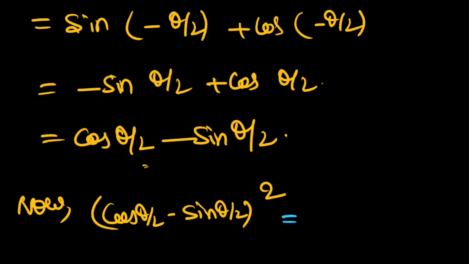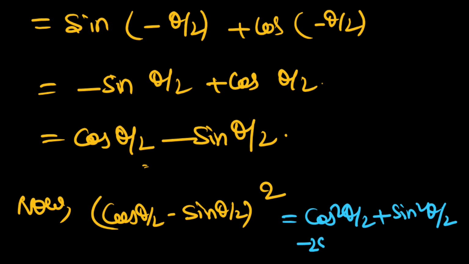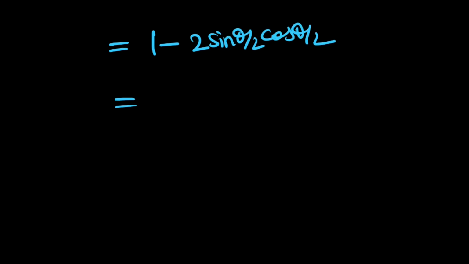Therefore we write cos square theta by 2 plus sine square theta by 2 minus 2 sine theta by 2 cos theta by 2. We expand this with the a minus b formula. That is 1 minus 2 sine theta by 2 cos theta by 2. Therefore that is 1 minus sine theta. So we only need to find the value of 1 minus sine theta.